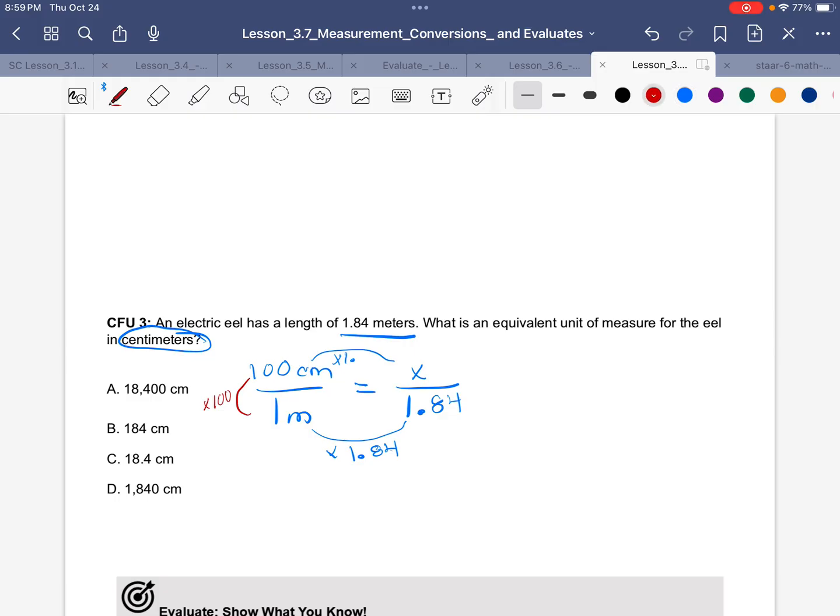So from our 1 to 100 is times 100. So to go from here to here would also be times 100. But just like we did with the division, you move your decimal 2 times to the right. So when you multiply by 10, 100, 1,000, you move the decimal the amount of zeros. We got 2 zeros, so we're going to move it 1, 2. So it is 184 centimeters.